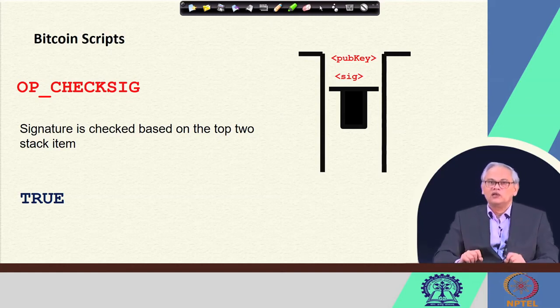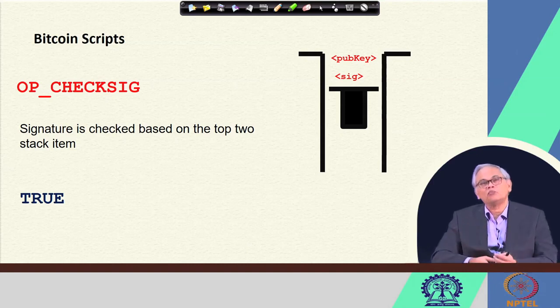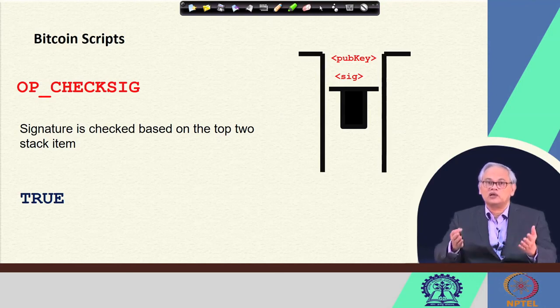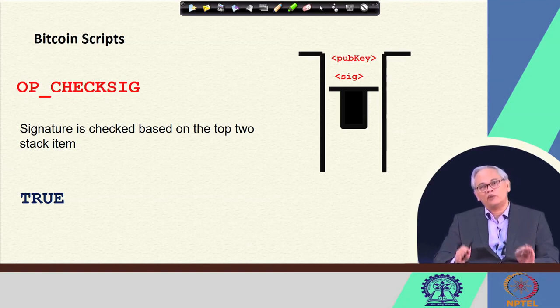So, that should be clear. Now, what is that something that Bob has encrypted with his private key, which can only be decrypted with his public key, and then we can be sure that it was meant for Bob and Bob only.